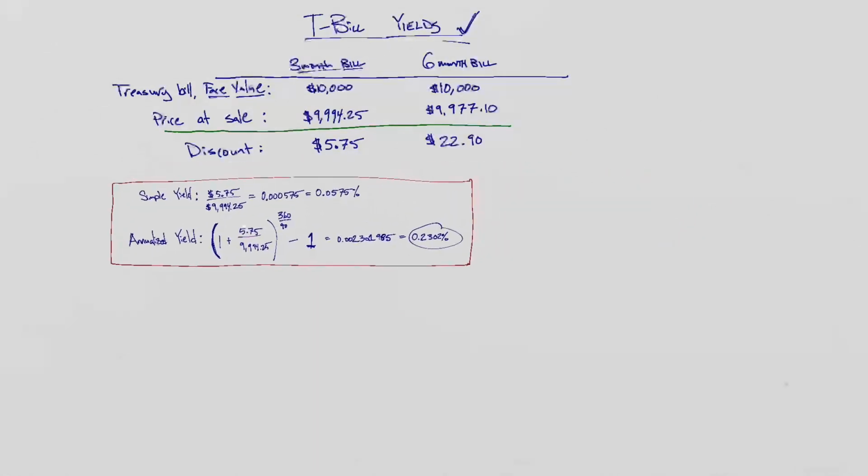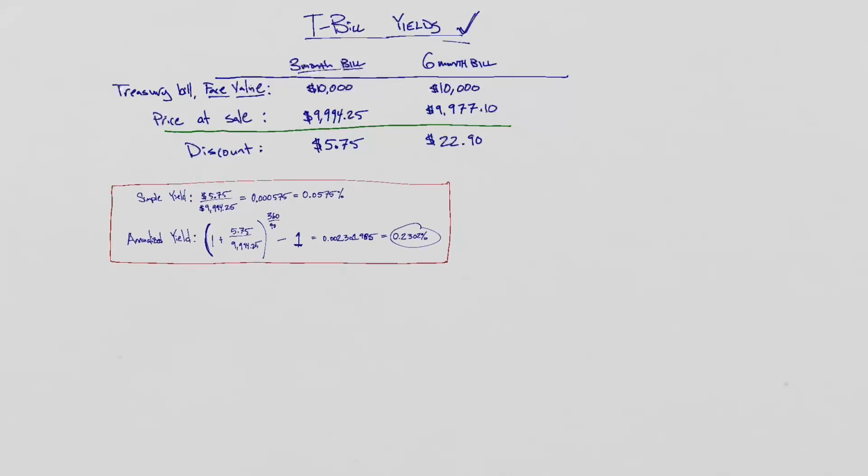And so if this is the simple and annualized yield for the 3-month treasury, we can do exactly the same thing with the 6-month prices. Take the income earned from buying this bond divided by the price paid for this one.